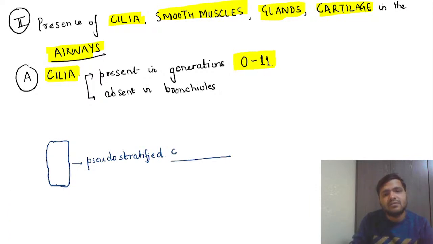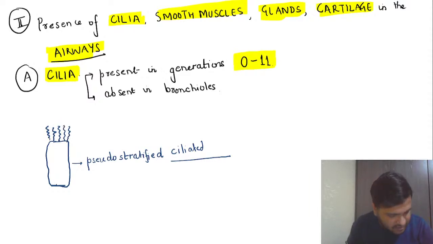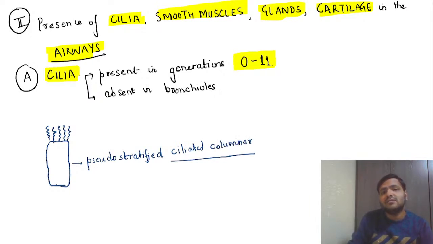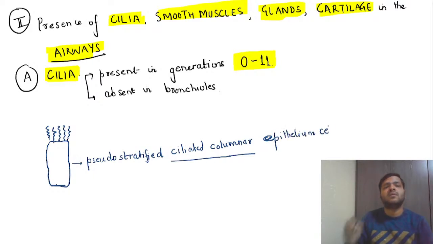Pseudostratified, it is ciliated. When I say ciliated, it consists of certain cilia attached to the apical aspect. Yes, Arsalan, that is right. It is columnar. So it is pseudostratified ciliated columnar epithelium cells. It is a type of epithelial cell.